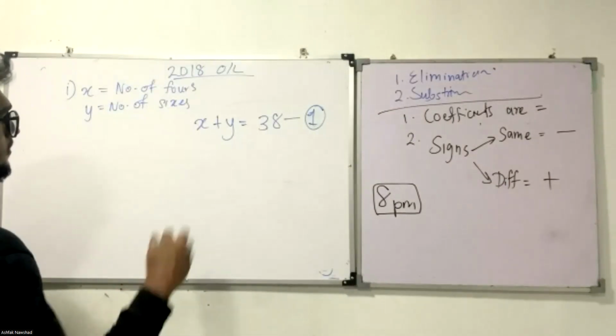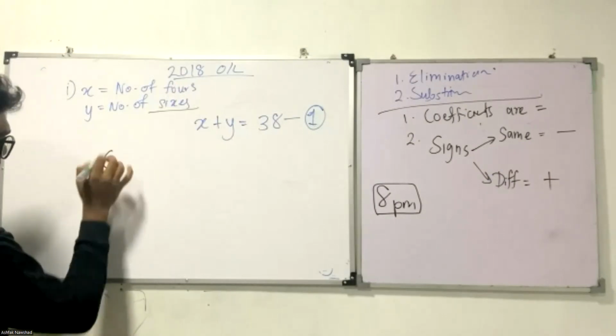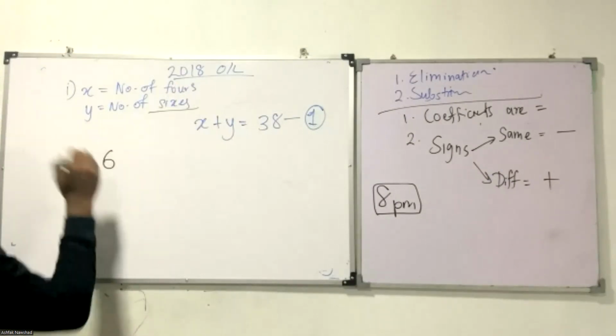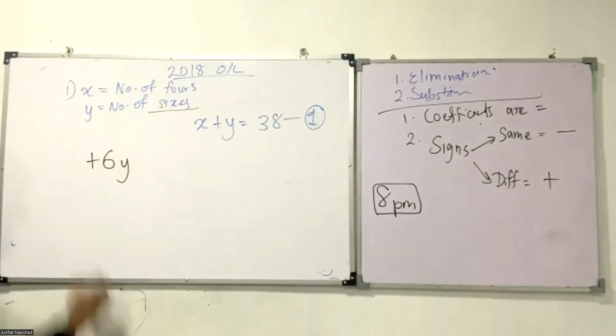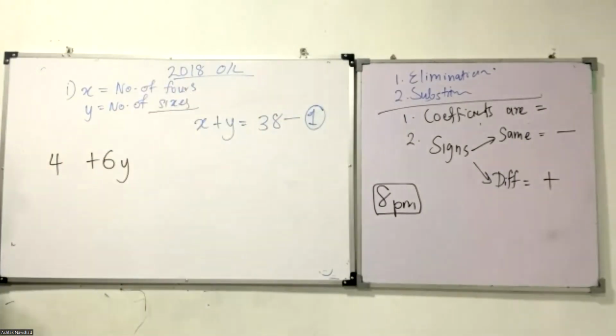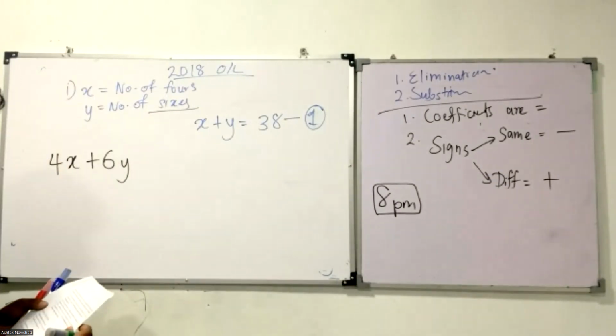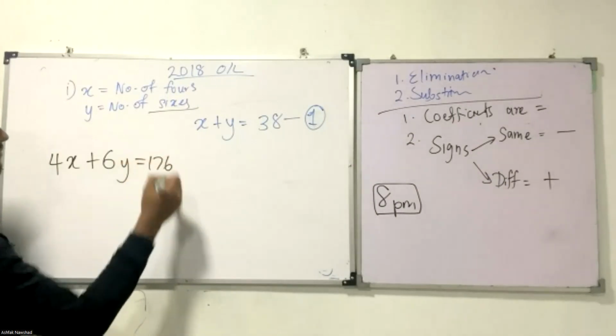6 runs. So if it's 1 six, it's 6 runs. But here there are y number of 6s, so 6y. And if it's 1 four, we get 4 runs. The number of 4s is x. 4x plus 6y is equal to 176.